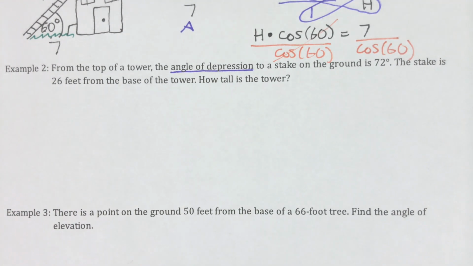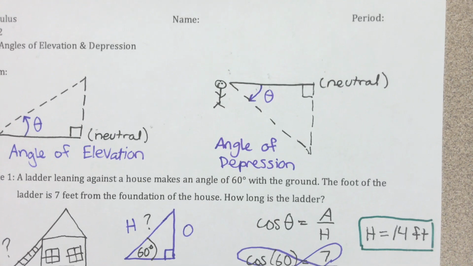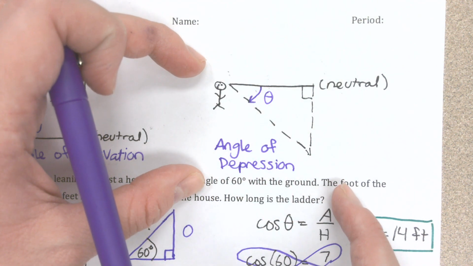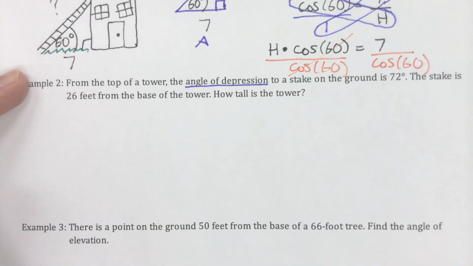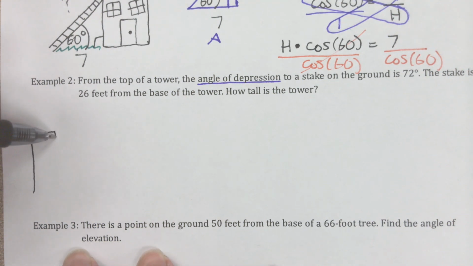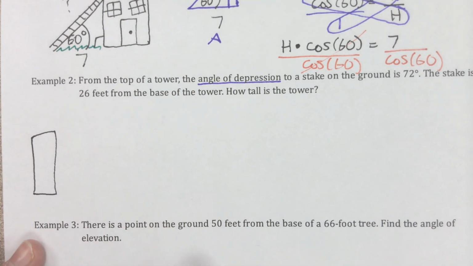So in this picture, I have a tower, and then I have a stake on the ground some distance from it. And we're going from the top of the tower down to the ground, so just kind of imagining, I'm going to put my tower on the left side because that is going to go down to the ground from here. So we have our tower.